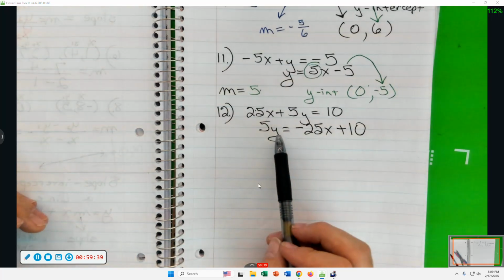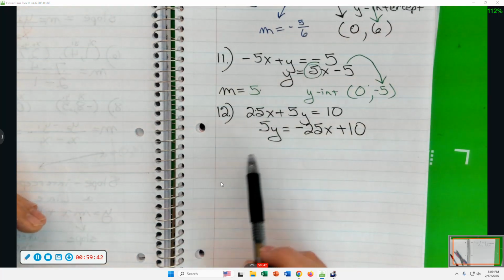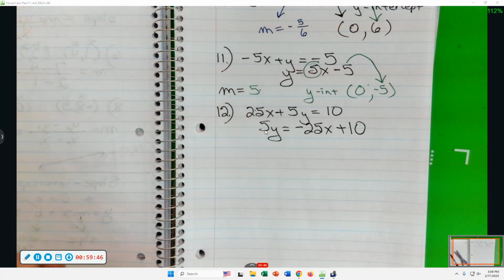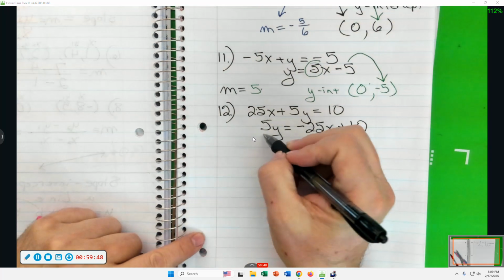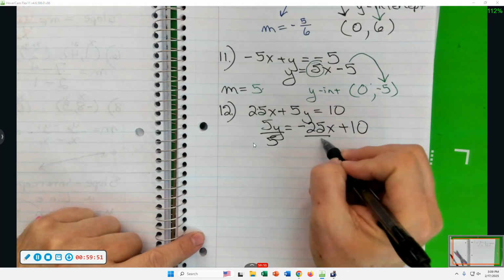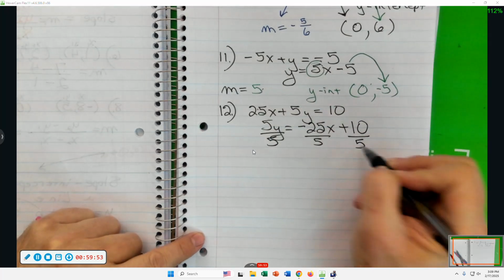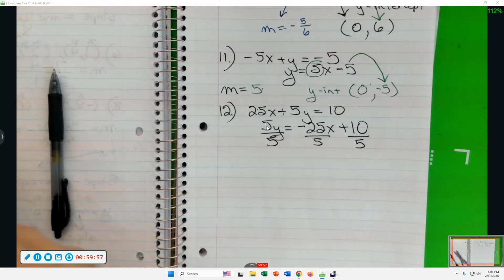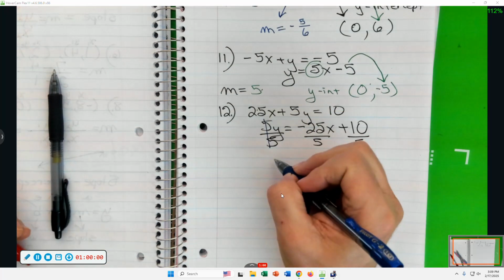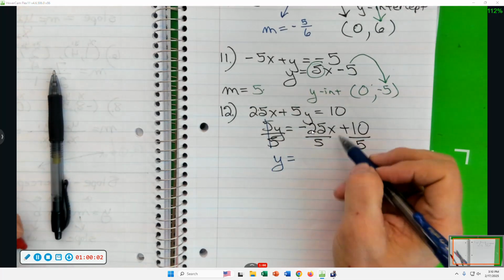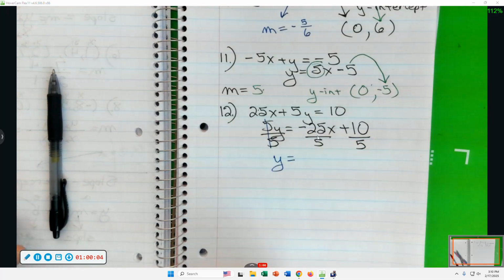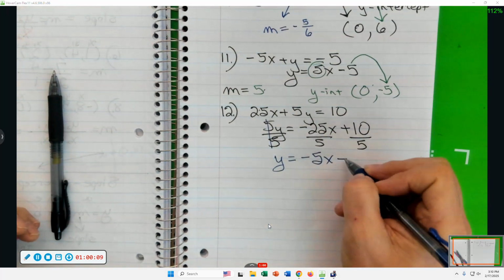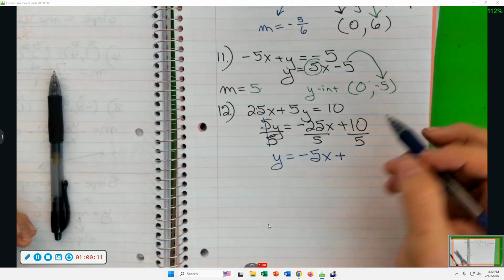We still need to get y by itself. What have we got there that we don't want? A 5, divide through by 5. Divide each term by 5. Realize each term has to be divided by 5. So the 5's cancel, leaving us y equals here. What will that reduce to? Negative 5x, I agree, plus 2.